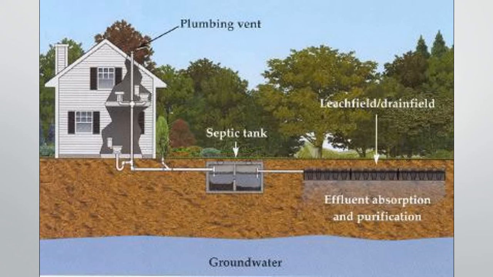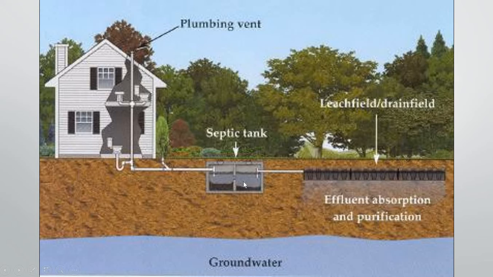This is only a schematic drawing of the individual system. You can see here the main pipe coming out from the house, and the wastewater is collected into something we call a septic tank, which is separated into 2 parts. The first part will collect the big suspended solids, and the second part will have more purified water.